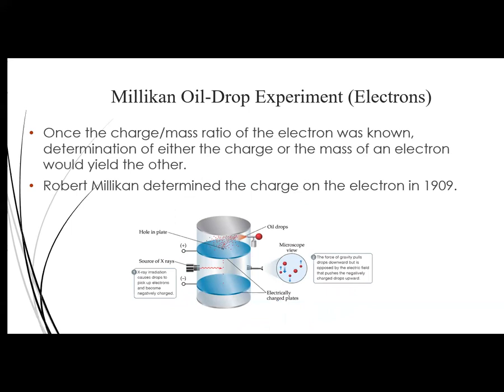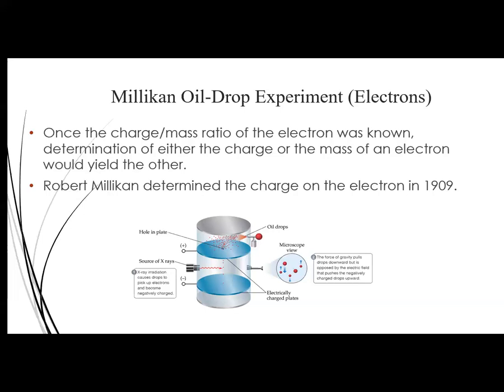Robert Millikan developed this oil drop experiment in 1909, and the idea was to determine the mass of an electron. So we knew that there was this ratio between the charge and the mass, right? That's what we found out in the previous experiment. And so what we wanted to do now was, instead of having all of those particles go and measuring the overall charge, he tried to limit the electrons that were being released.